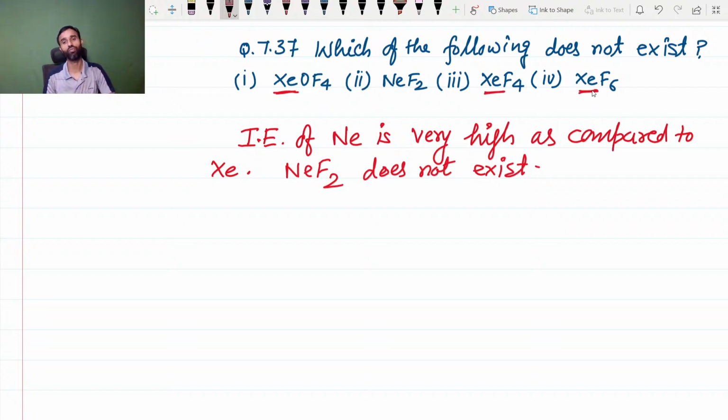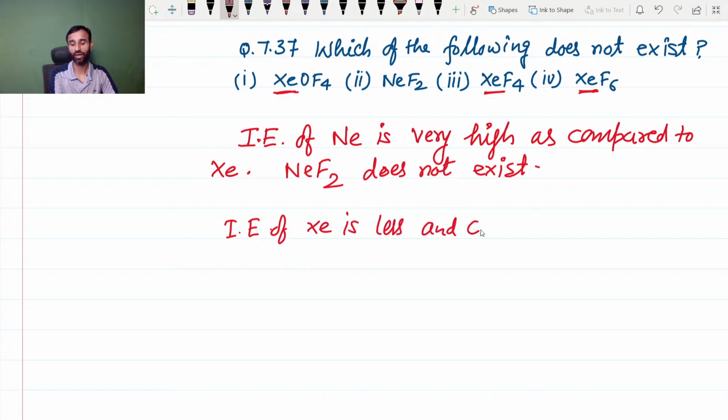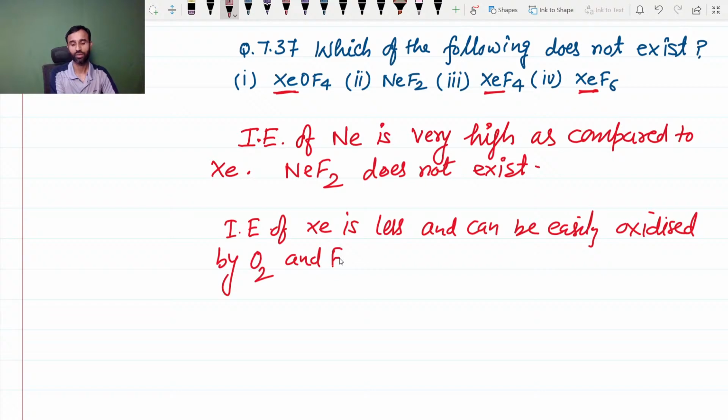XeOF4, XeF4, XeF6 exist because the ionization energy of xenon is less and it can be easily oxidized by O2 and F2.